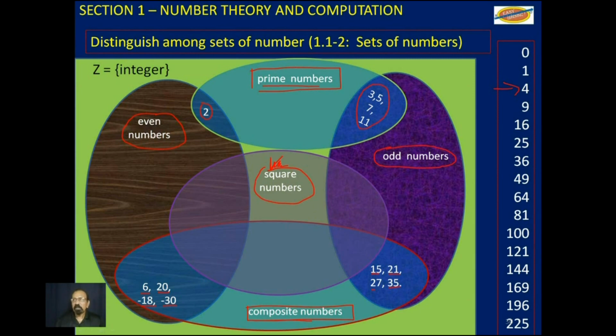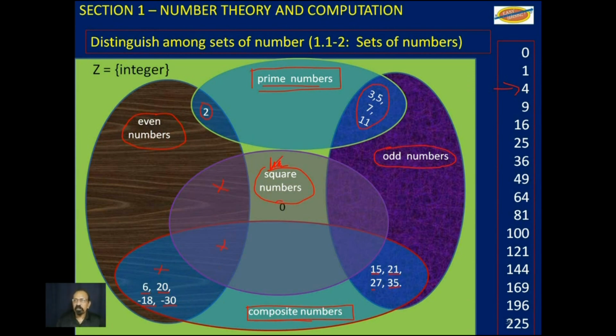So if we have an even number that is square and that is composite, it will go here. If you have an even number that is a square number, it will go here. If you have an even number that is a composite number, it will go here, and so on.